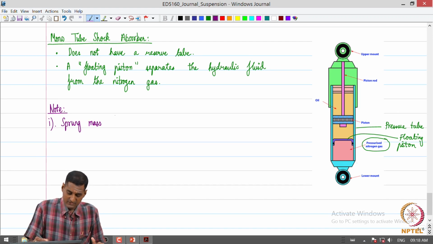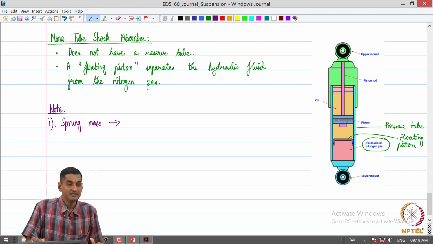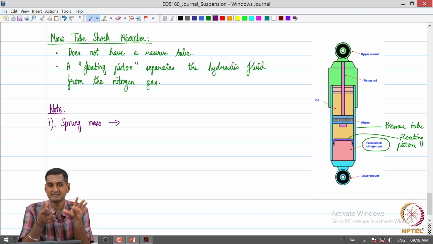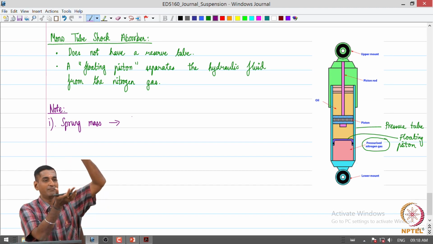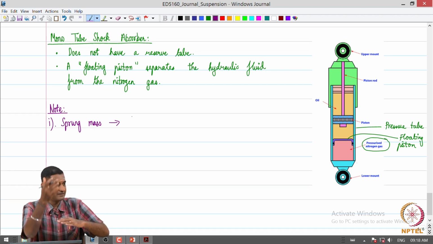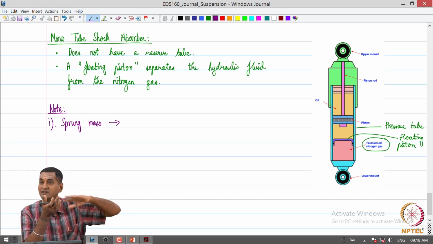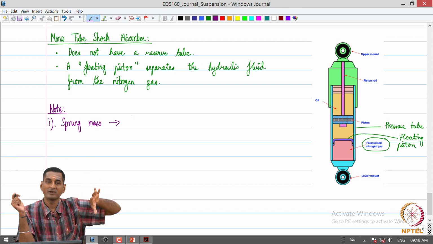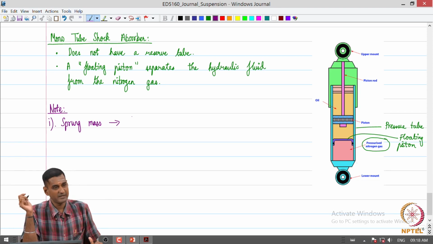The first one is what is called a sprung mass. What is a sprung mass? If we visualize a suspension as a unit that has one lump of mass above it and one lump of mass below it, connecting two assemblies, the mass which is supported on top of the suspension, which includes the vehicle body, is what is called the sprung mass.